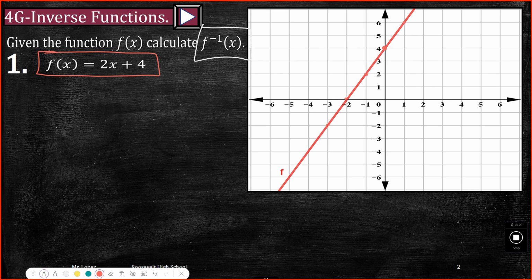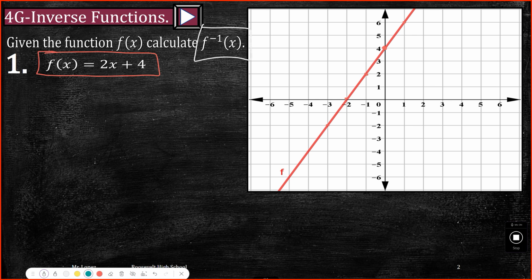So what happens with inverse functions is that the input becomes the output, and the output becomes the input of the other function. What does that mean?